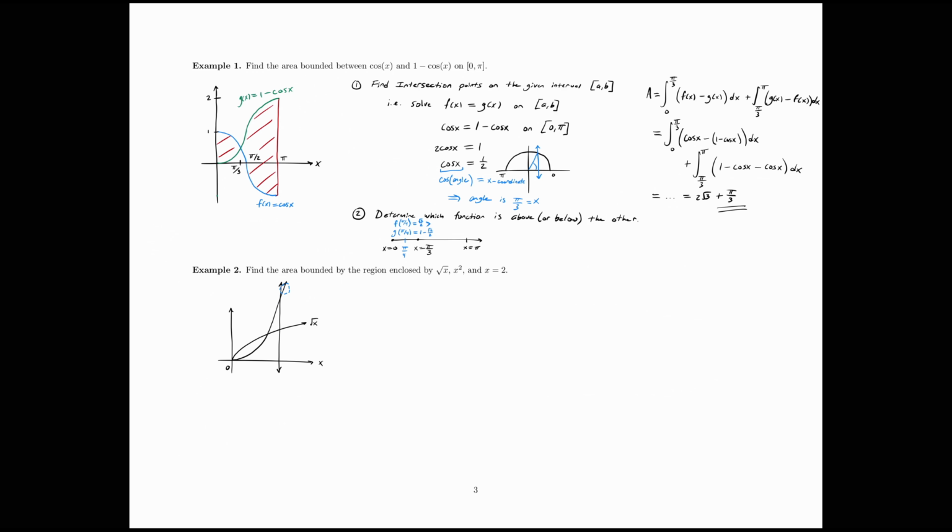So there we go. There's our parabola. So there's x squared, here's x equals 2. Just tried to make our little region here a little bit easier to see. So this is the region whose area we're looking for.